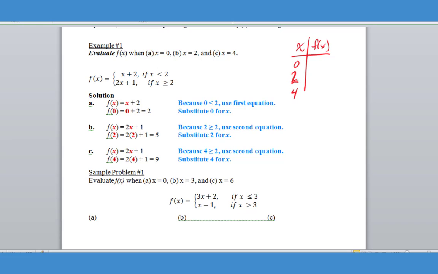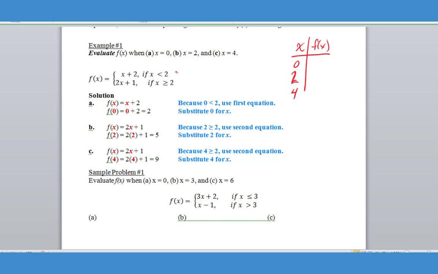And so you're going to plug in those values for x. However, the key here is this. Depending upon the value of x that we're plugging in will be determined which function piece we're actually going to evaluate. Let's take a look at part A. If you look at part A, it says that we're going to evaluate 0. Well, 0 is less than 2.